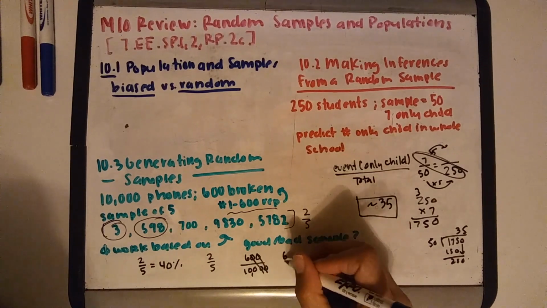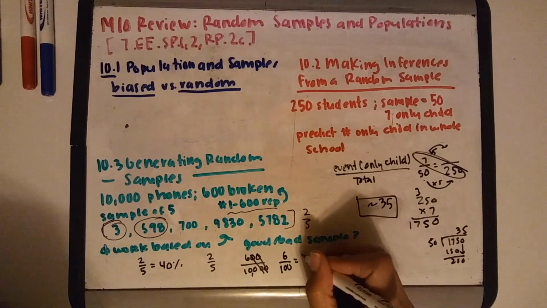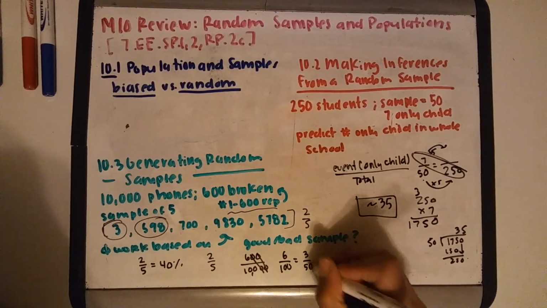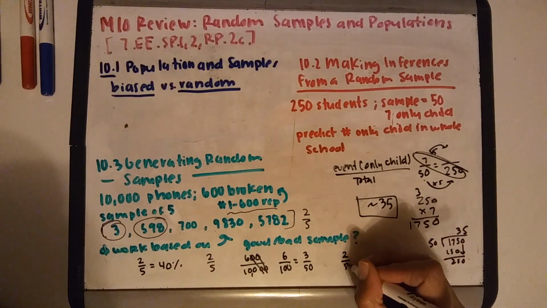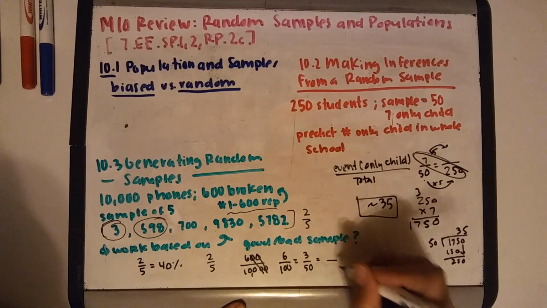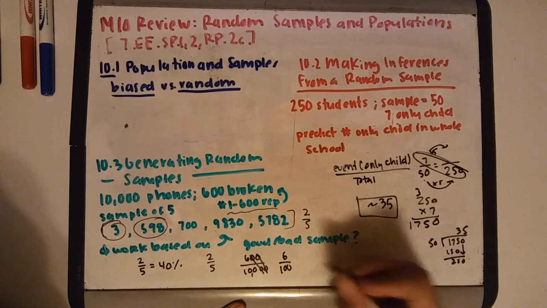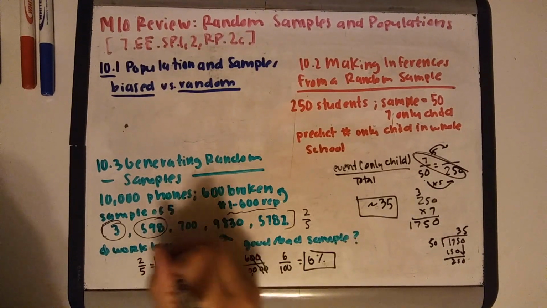So in this case, you have 6 over 100. If I simplify by 2, I get 3 over 50. Again, this is 2 over 5, which is 40%, and this is actually 6%. This and this are very different.